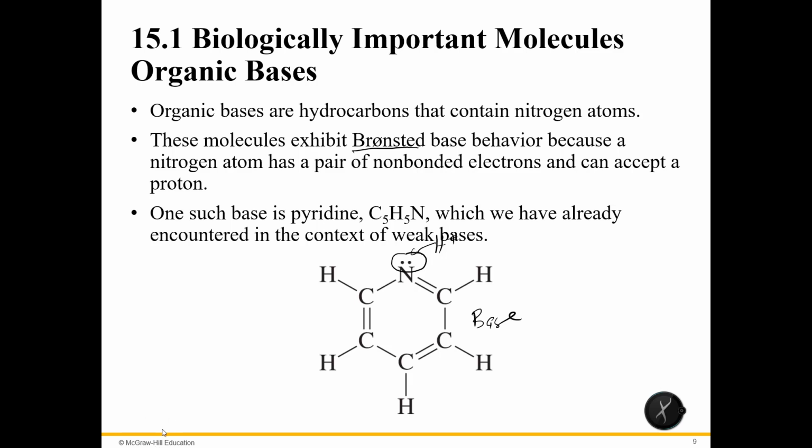So one of the things that may give this away is if you see things with an -ine ending, sometimes that indicates a nitrogen-based compound. Again, think about ammonia, and it's got those 3 bonds to the hydrogen, like so, and then there's a lone pair on the nitrogen here. Well, here's one of the bonds, here's 2 of the bonds, so there's your 3 bonds taken care of there, and then there's the lone pair there.